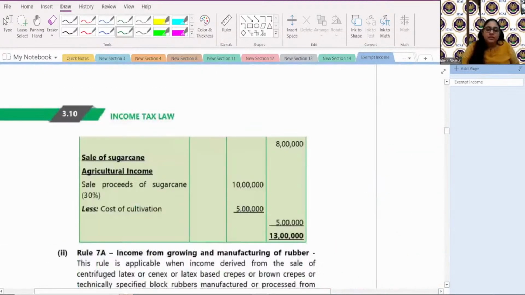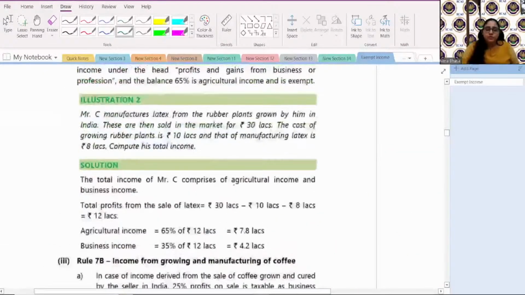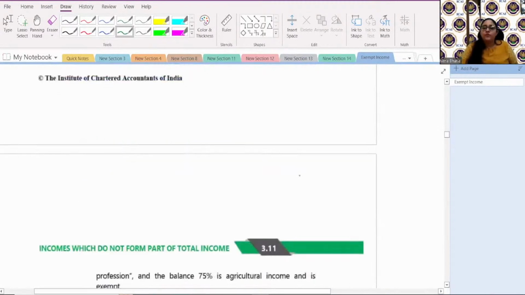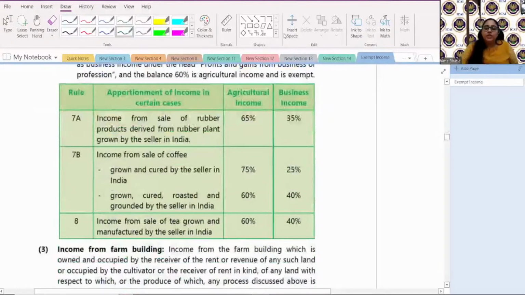But there are certain produce like rubber, coffee, and tea, which cannot be sold without applying a certain manufacturing process. The leaves which are grown for tea, or the beans for coffee, or for rubber, there is latex. There has to be a certain degree of manufacturing process involved for the final consumer to use it.